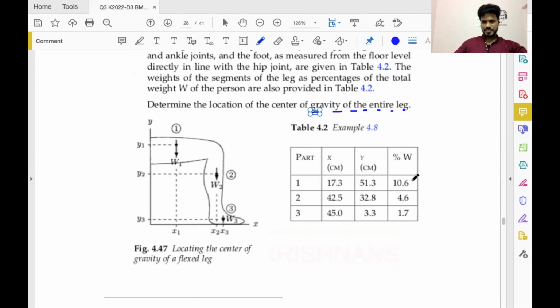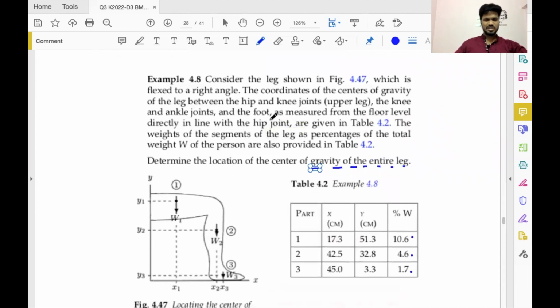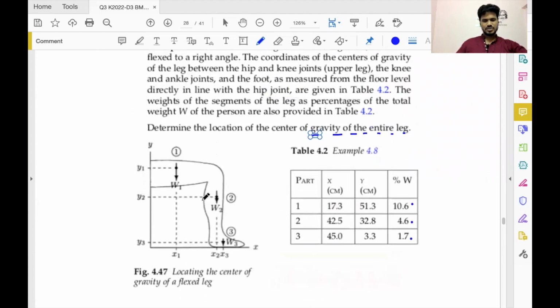Each part's percentage weight is given. Just deal with percentage weight, then things will get cancelled anyways. Weight will show up in numerator and denominator. Any common terms will get cancelled, so you don't have to worry about it.